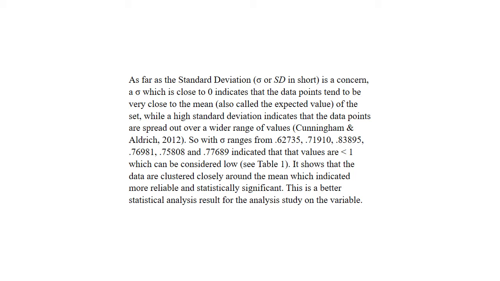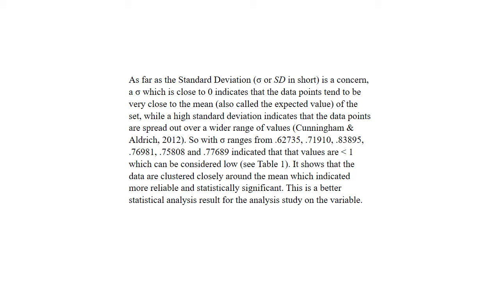Now, as far as the SD, or standard deviation, is concerned, being close to zero indicates that the data points tend to be very close to the mean, which is the average.